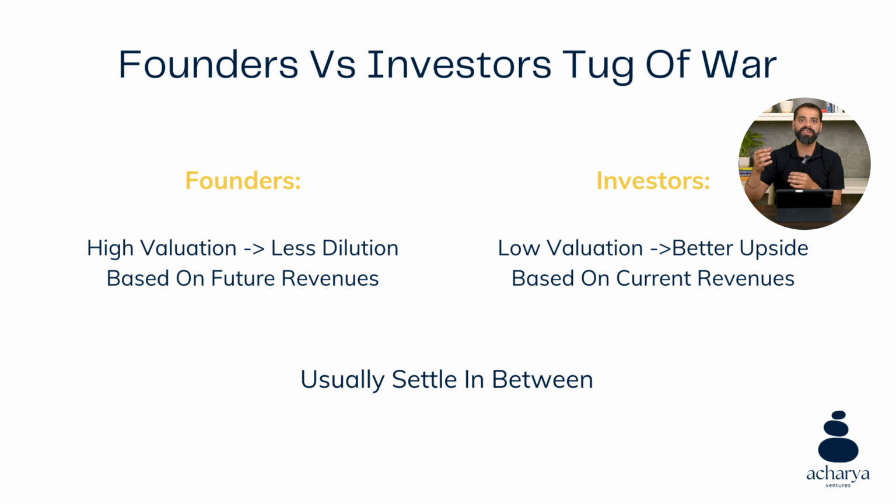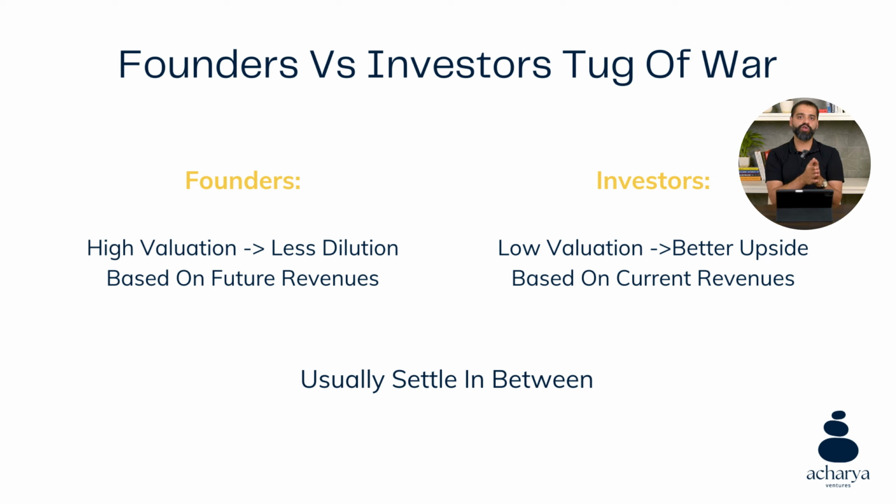Investors, versus that, are looking to maximize the equity that they take in the business. They are looking for lower valuations, obviously, because that's how they get a better upside in the future, and they try to base their valuations on the current revenue, on the current traction of the business, rather than future estimates. Usually, you'll see that there is a middle ground that you are able to come up with.